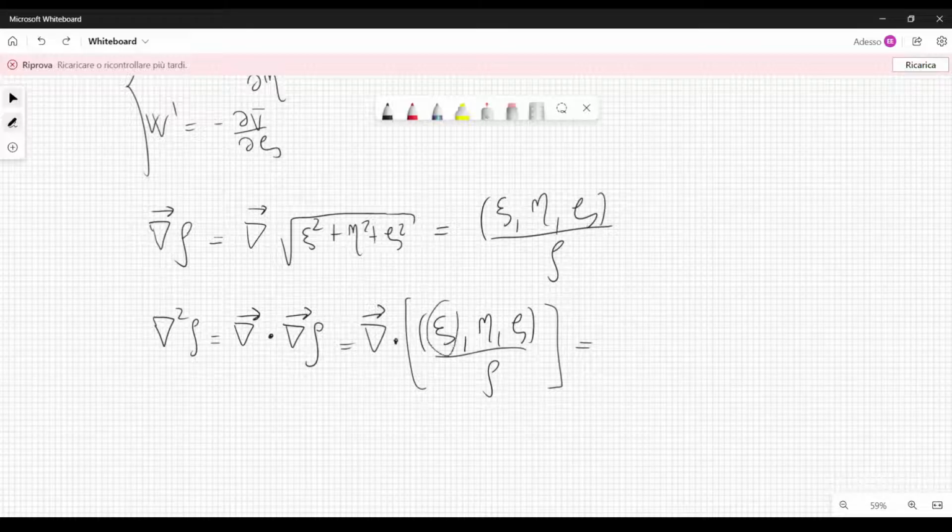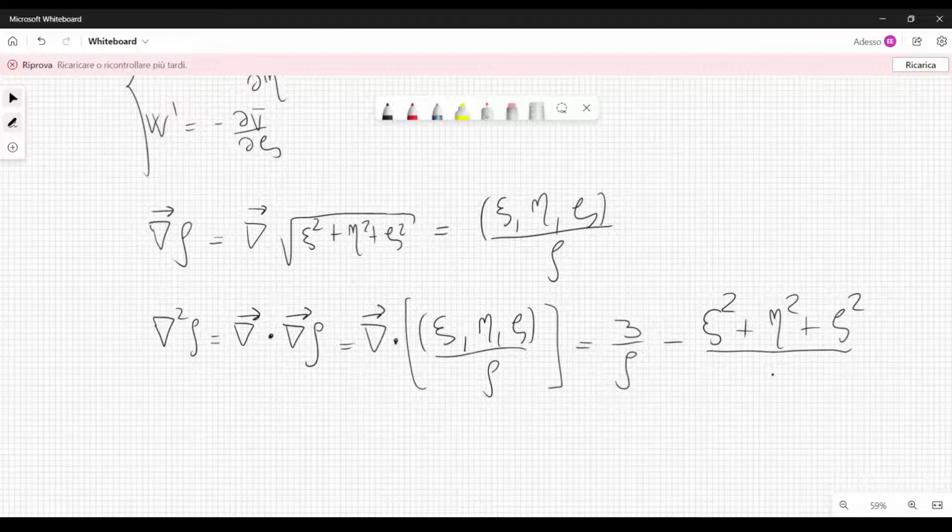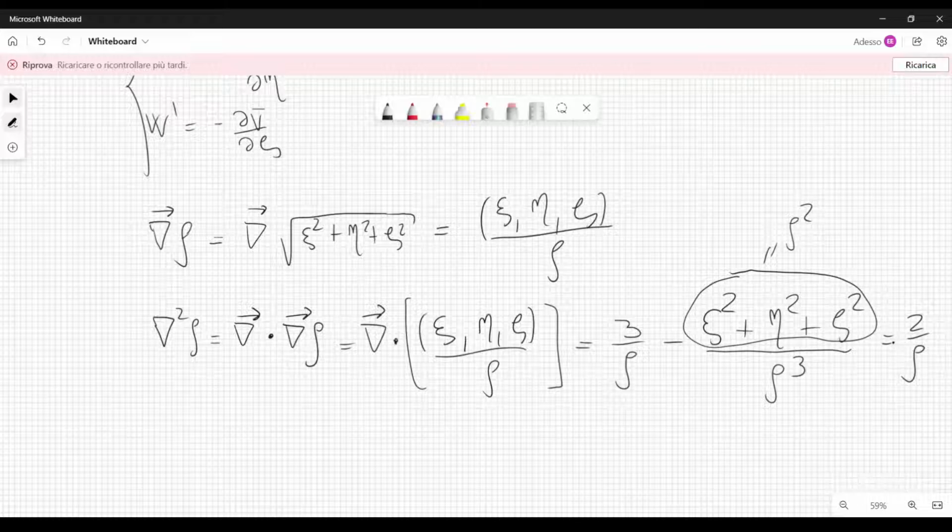So you have the derivative of xi with respect to xi, the derivative of eta with respect to eta, and so on and so forth. So you get 3 divided by rho. But you also get derivatives of this denominator. So you get minus xi squared plus eta squared plus zeta squared divided by rho cubed. This is a simple calculation. And then you have that this is equal to rho squared. So all in all, you get 2 divided by rho.